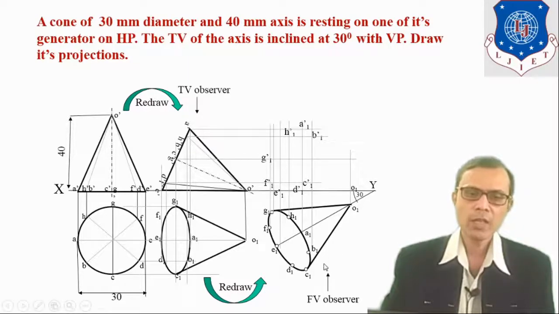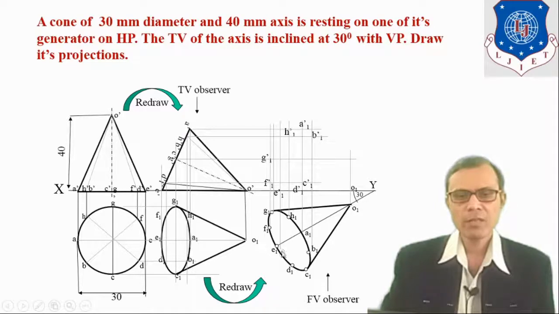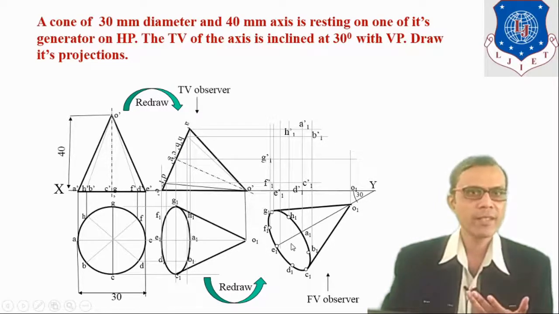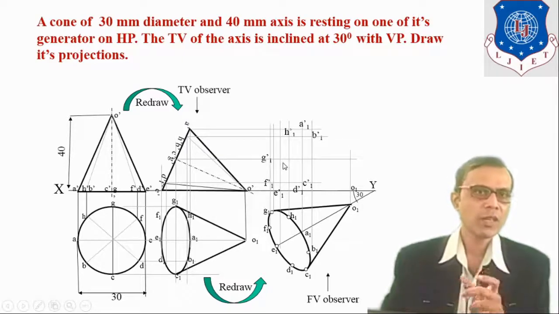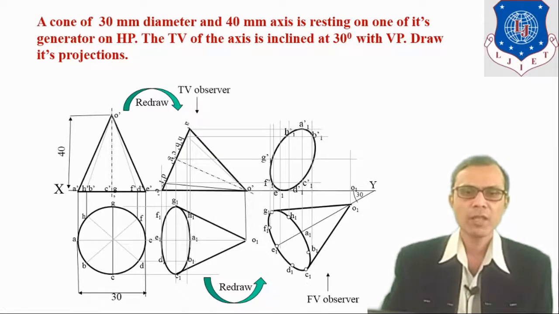So here the front view observer is here. This base is fully visible as it is nearest to the observer. So this base becomes the fully visible base. Join all these points of the base periphery with a continuous line as shown here, and join the outlines with the apex point. So it becomes the final stage front view.